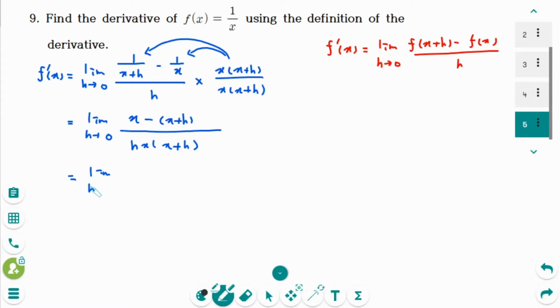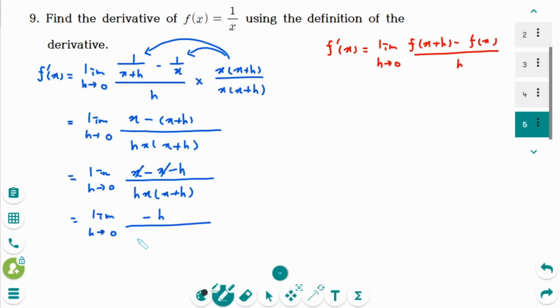then the limit as h approaches 0, x minus x plus h over xh times x plus h, equals the limit as h approaches 0, cancel, minus h over hx times x plus h, then cancel the common factor, the limit as h approaches 0, minus 1 over x times x plus h.